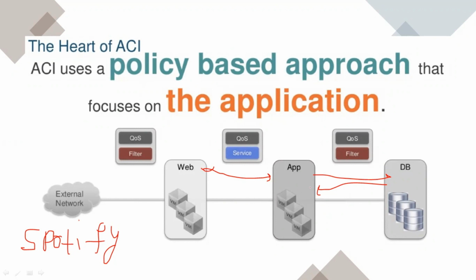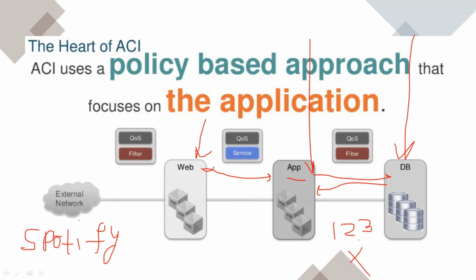Okay, now this is the application side. In the network, we will also create three types of policy: one specifically for the web server, one for the app server, one for the database server. Now it will make our life easy. How? Let's suppose the application team comes to you and says, hey, we want to talk to the database server on port number 123, and all the rest should be blocked.